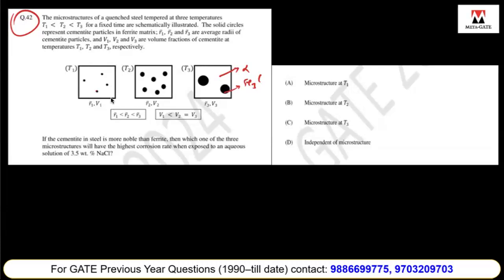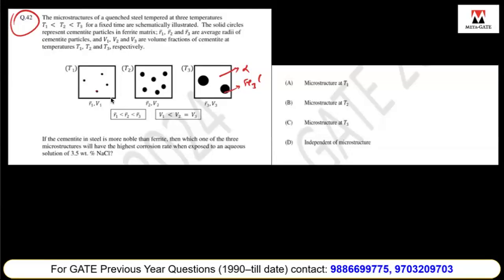The cementite of steel is more noble than ferrite. So when exposed to aqueous corrosion, the presence of cementite particles can accelerate the corrosion process due to galvanic coupling. The galvanic corrosion occurs when two dissimilar metals are in contact with electrolyte, leading to corrosion of the less noble metal and protecting the more noble metal. That is cathode. Less noble is anode.